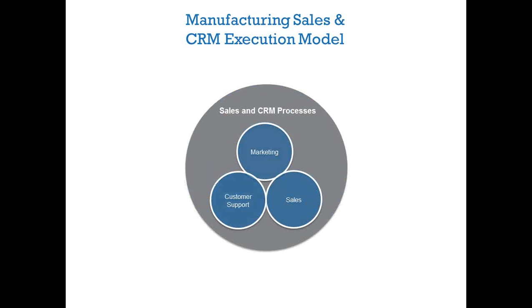Then we could look at the processes that those people deploy in order to do their jobs. What are the repetitive tasks? What are the procedures? What is the workflow associated with these functions and roles that the marketing, sales, and support people must fulfill?